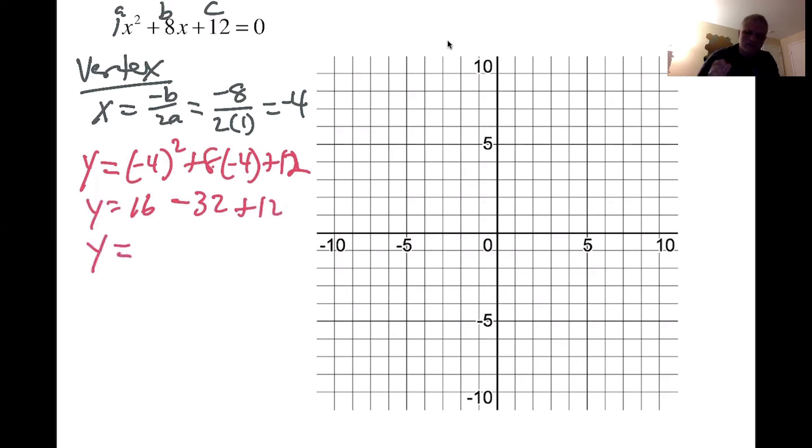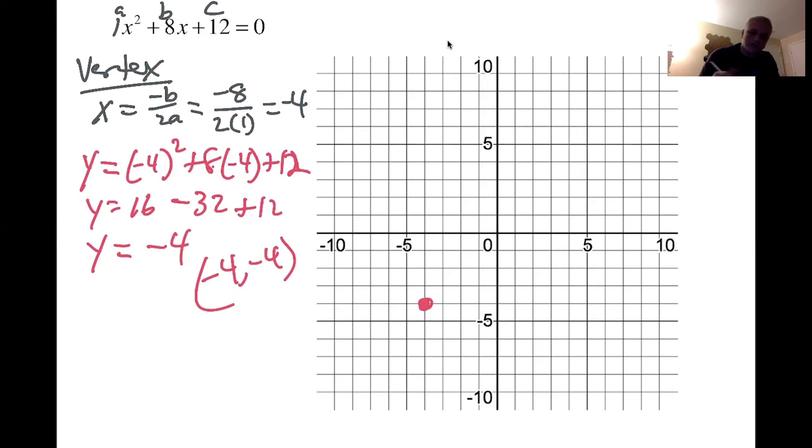So the y-coordinate of my vertex: 16 minus 32 is negative 16, plus 12 is negative 4. That means my vertex is the point negative 4, negative 4. Number so nice, we used it twice. So I'm going to plot that right there.